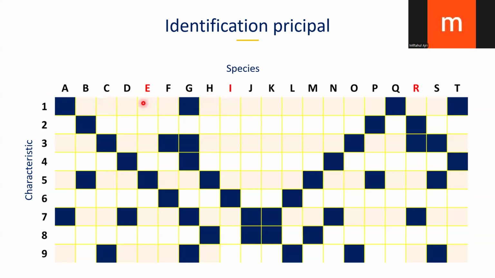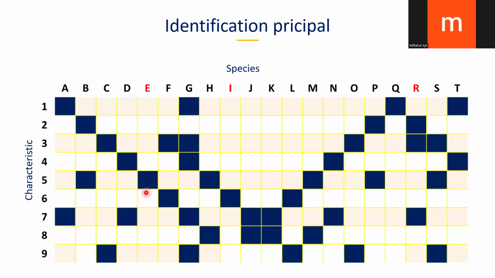So we can find another characteristic that is different between species E and species I. For example, the fifth characteristic. Oh no, it's the same, the blue color.